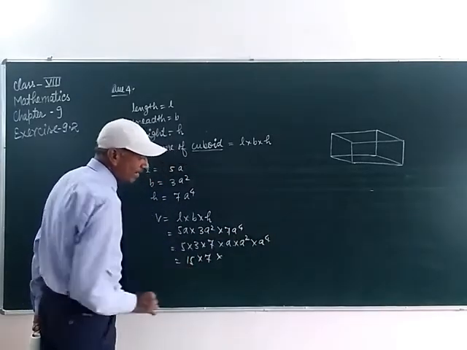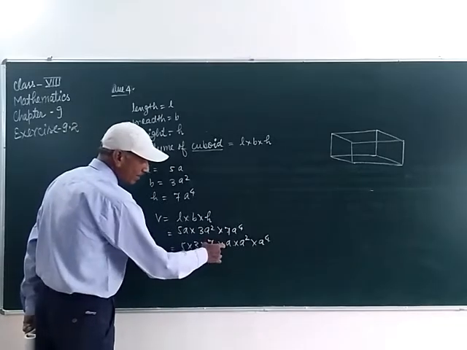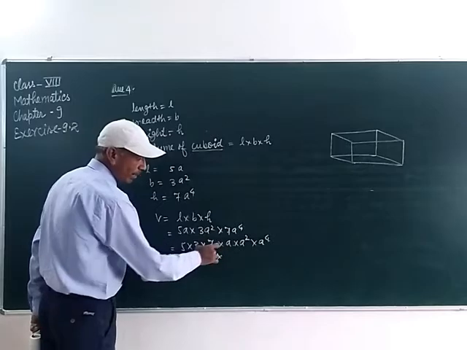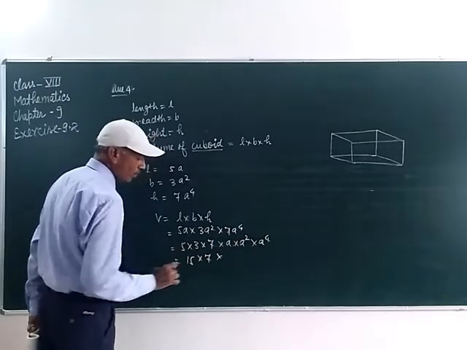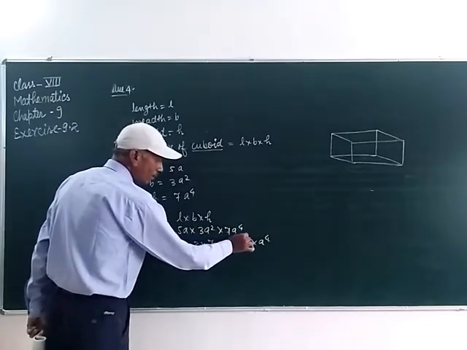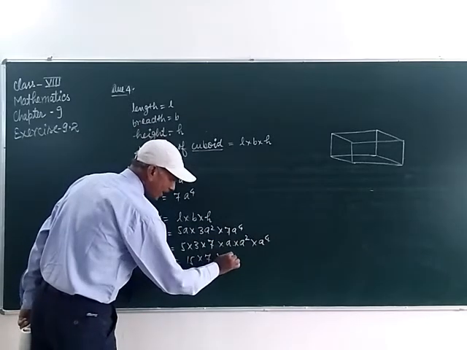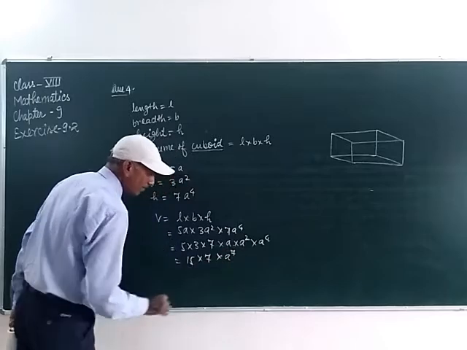We have to add the exponents, student. A means it has exponent 1. So 1 and 2 is 3, 3 and 4 is 7. So we have to write it a to the power 7.